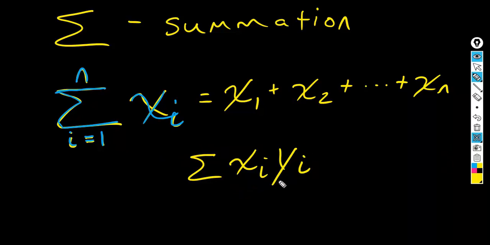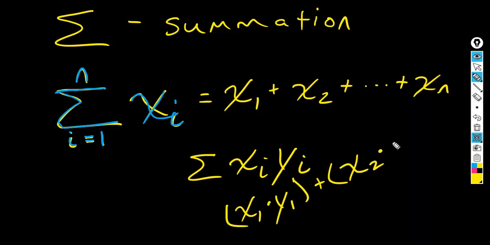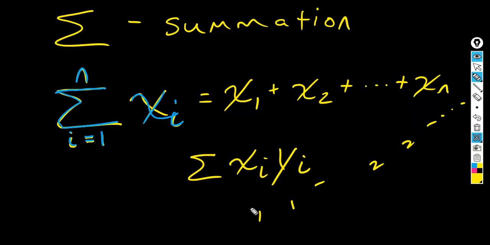This is telling you that you need to multiply the ones that go together. So x1 times y1 plus x2 times y2, on and on and on. We're not going to see that for a little bit, but that is something we're going to need to keep in mind.